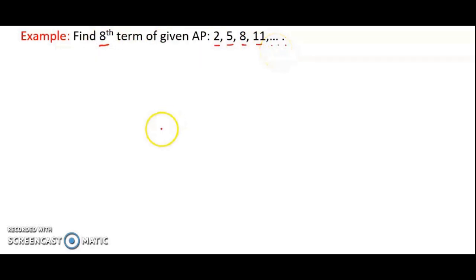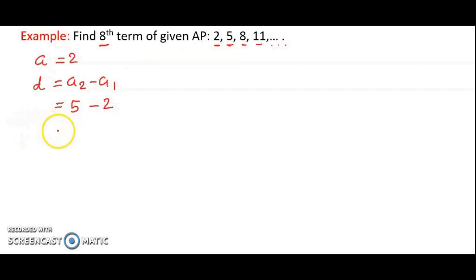In this arithmetic progression, the first term, a, is 2, and the common difference is represented by d. The formula for the common difference is a2 minus a1. So a2, the second term, is 5, minus a1, the first term, which is 2. So the common difference is 3.